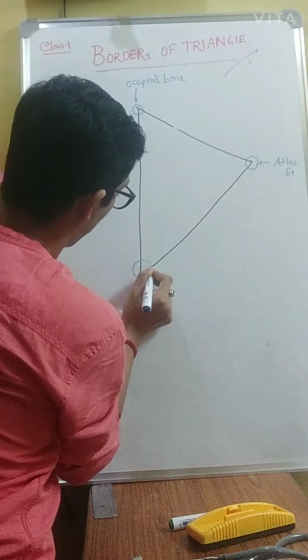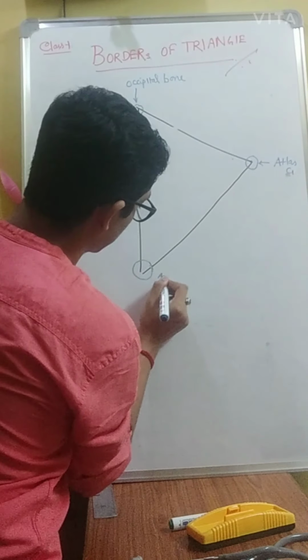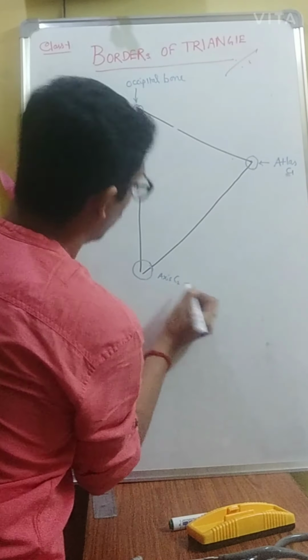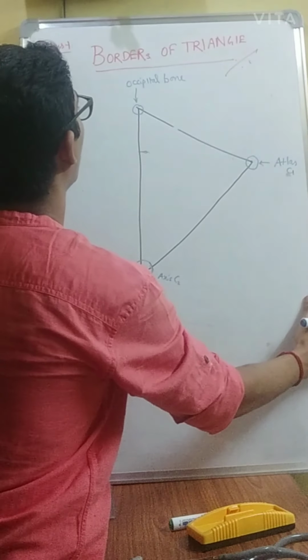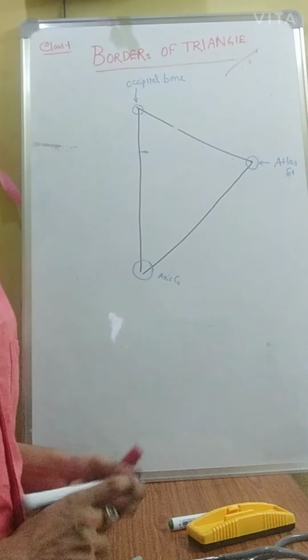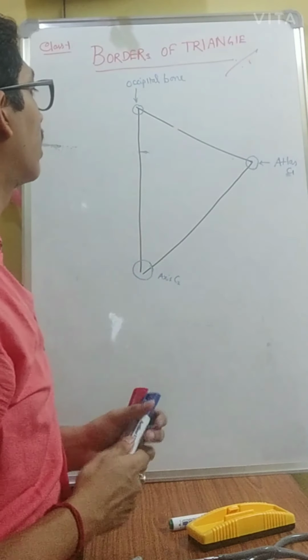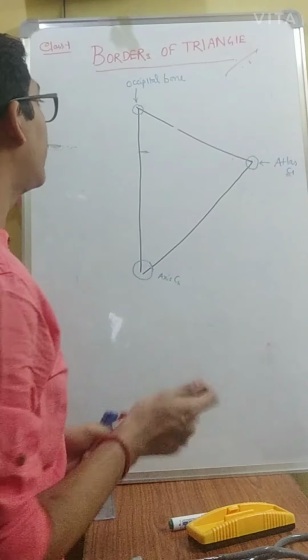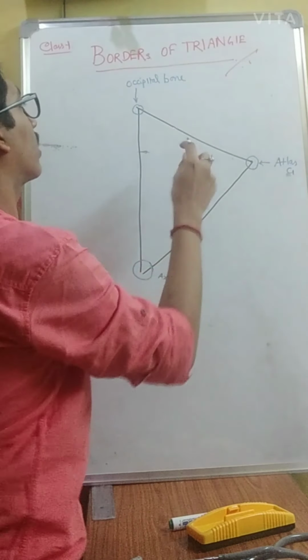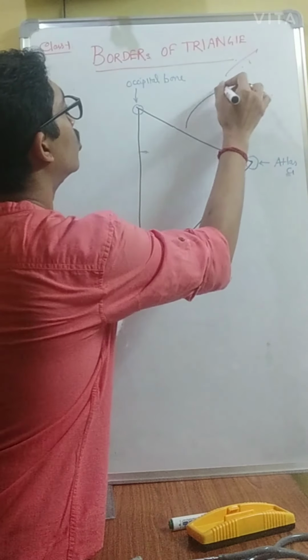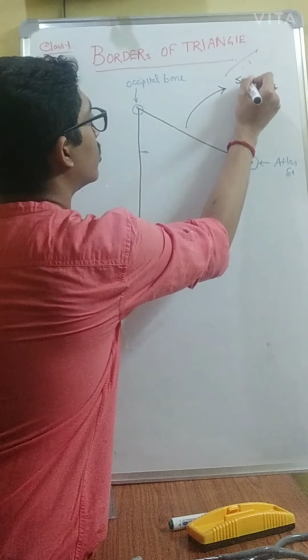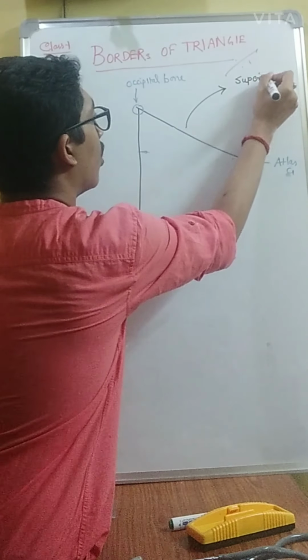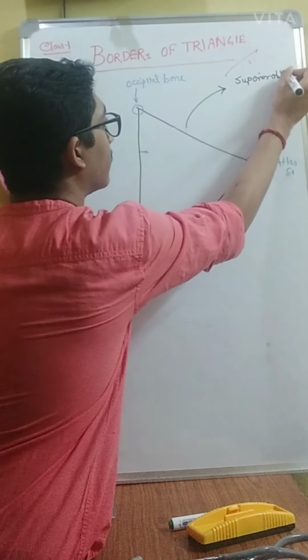This is formed by the axis, C2 vertebra. So C1 vertebra, C2 vertebra, and the occipital bone. Now this border is formed by the superior oblique muscle.